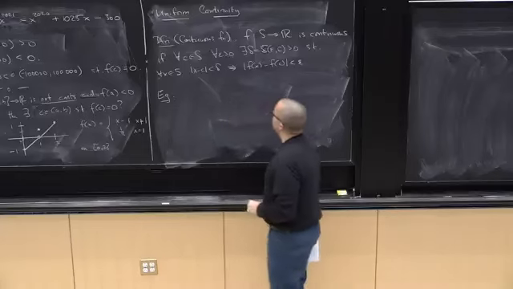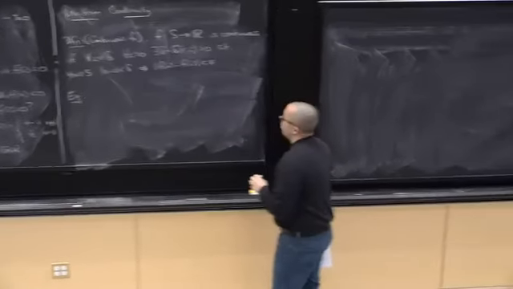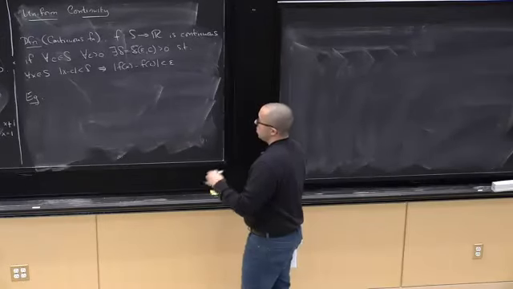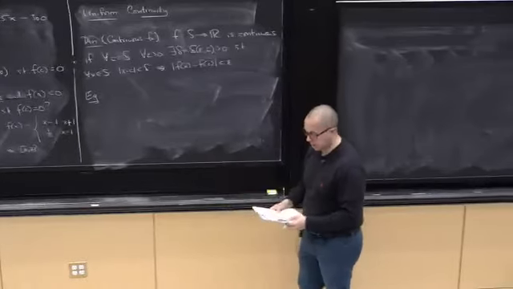So this is, again, a bit of review, but I just want to show you that in general, when we verify that a function is continuous on a set, we have to show it's continuous at every point in the set, and that means for every epsilon there exists a delta, but this delta usually depends on epsilon, and it can also depend on the point c, which is where we're checking continuity. Okay?